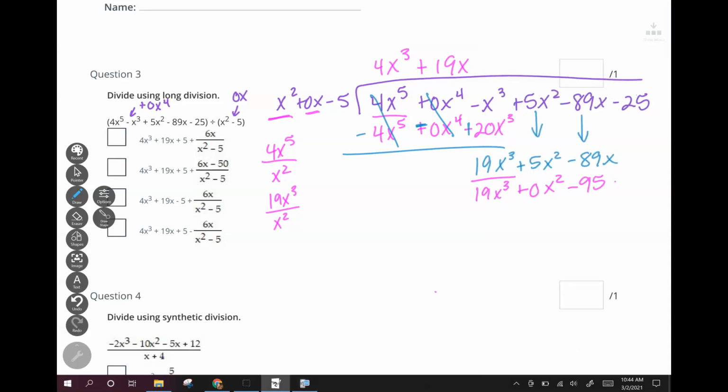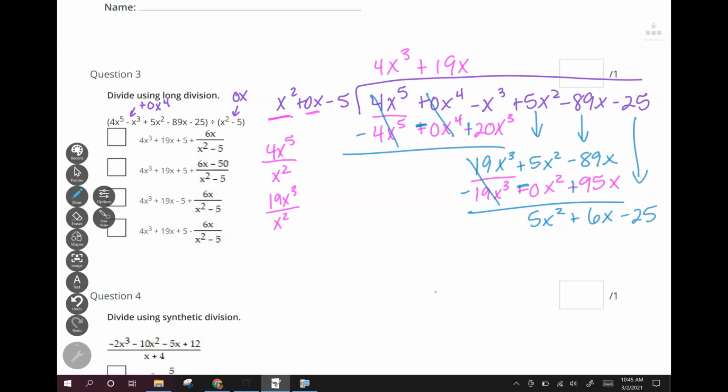So negative 95x. And we're going to subtract now, so distribute that minus sign. Cancels, 5 minus 0 is still just 5. Negative 89 plus 95 gives us 6. Bring down the minus 25.